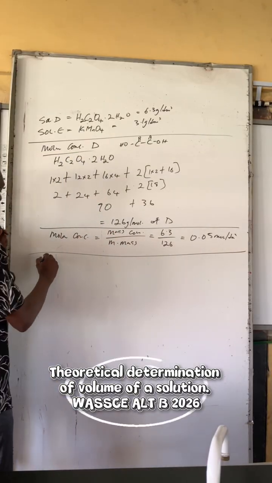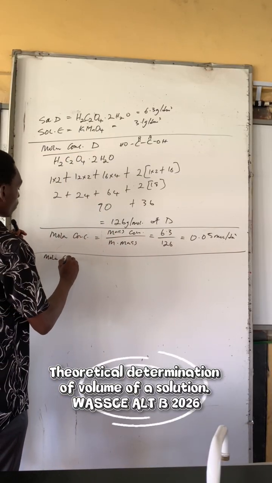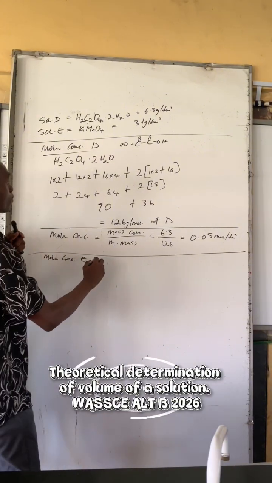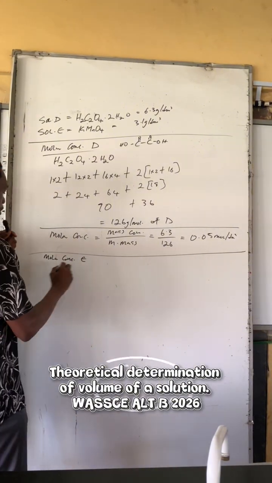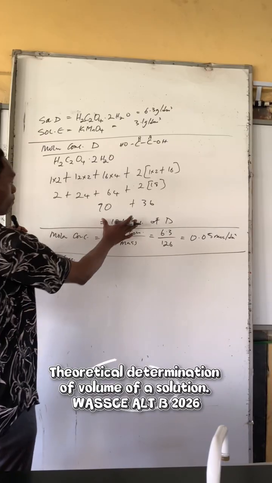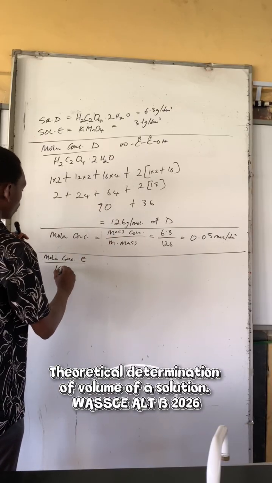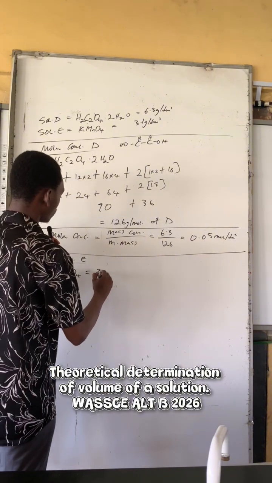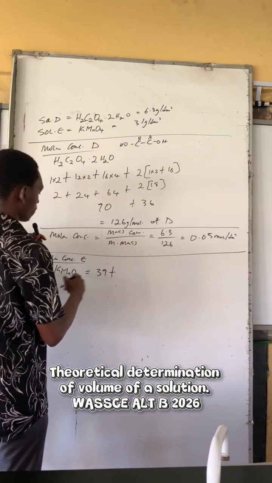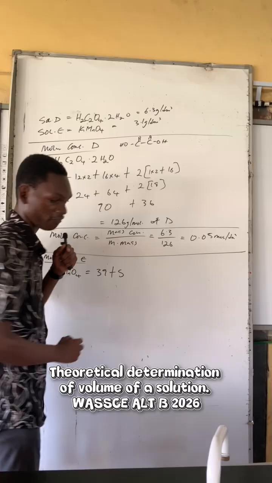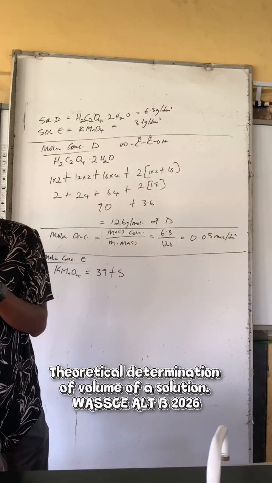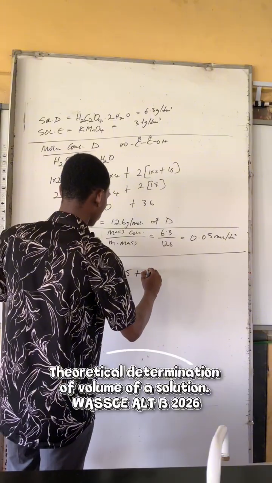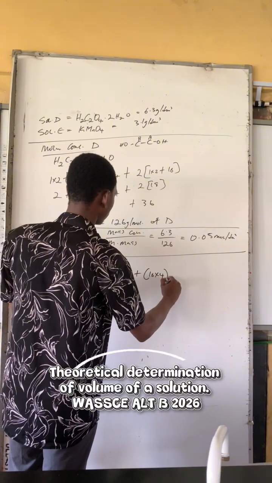Now, what about the molar concentration of the E, which is the KMnO4? Let's simply calculate the molar mass first. KMnO4. We know potassium is 39 plus manganese is 55, right? 55 plus 16 times 4.